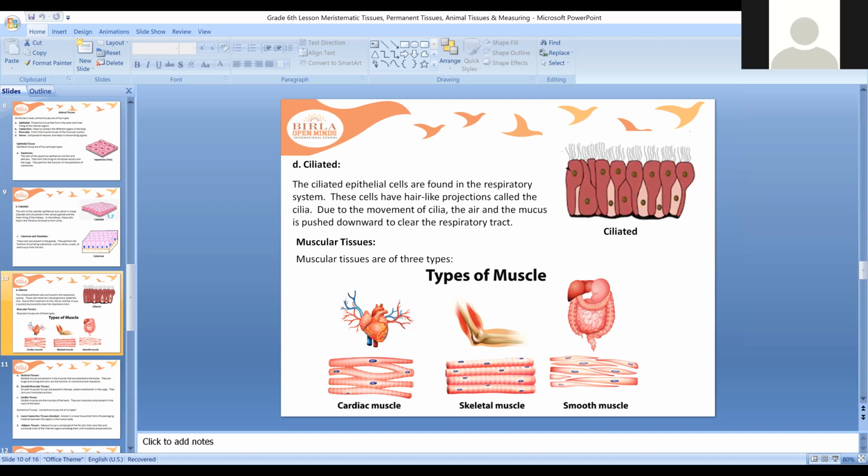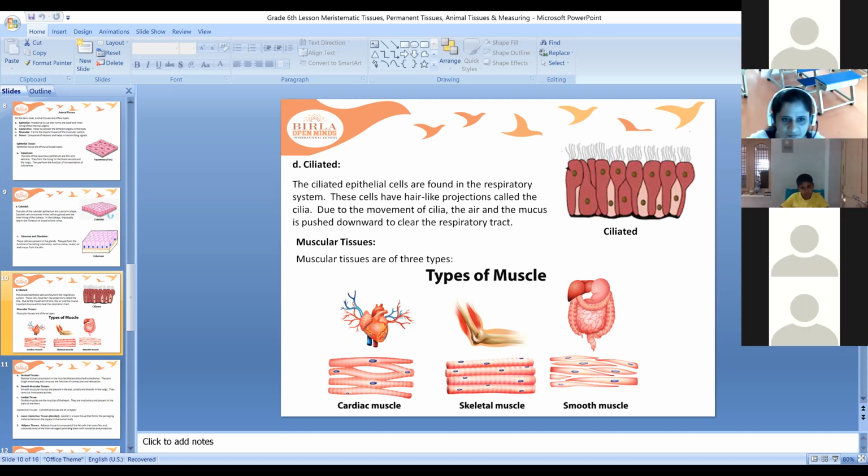Yes, switch on your camera, everyone. Yes, Srikshita. Okay, that's fine if you can't tell the answer. Okay, I'm muting everyone and I'm starting with the lesson.